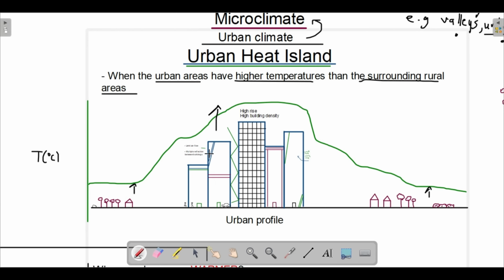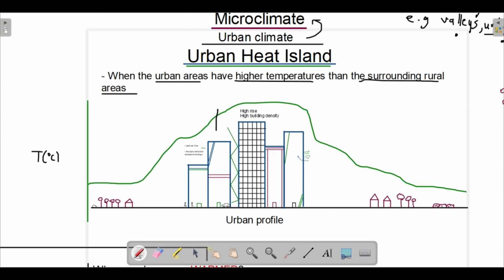It is simply a warm pocket of air that you find in the urban area, surrounded by relatively colder air masses in the surrounding rural areas, not too far. That is simply what an urban heat island is, guys.